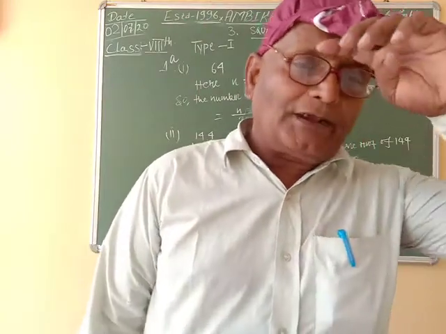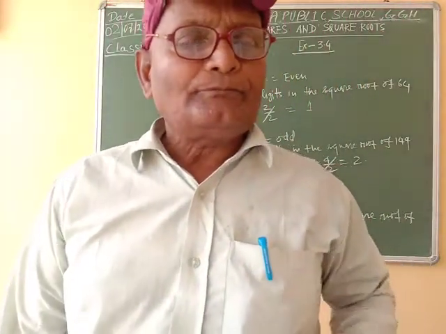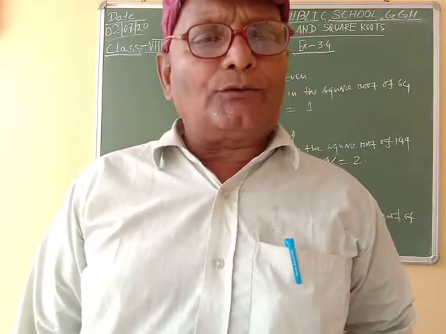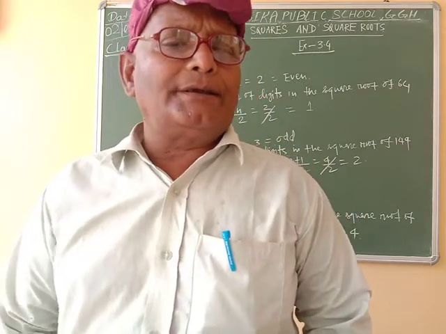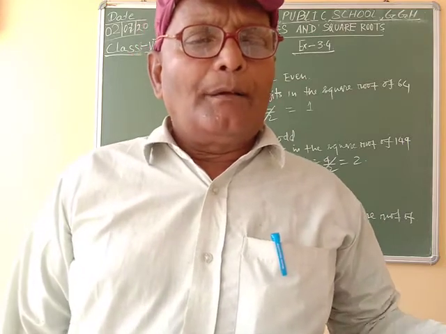So in this way you can find the number of digits in the square root. In type 2 questions, find the square root of the following numbers by division method. You have also learnt in previous class about finding the square root.